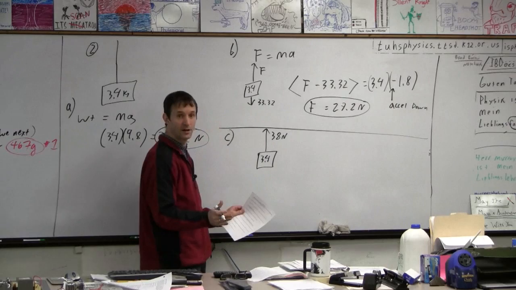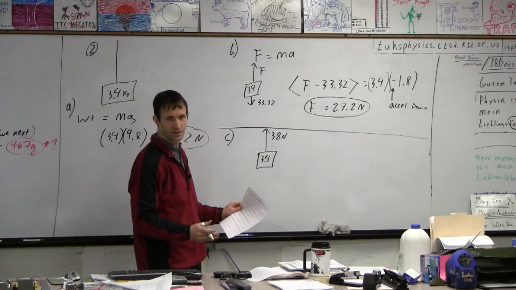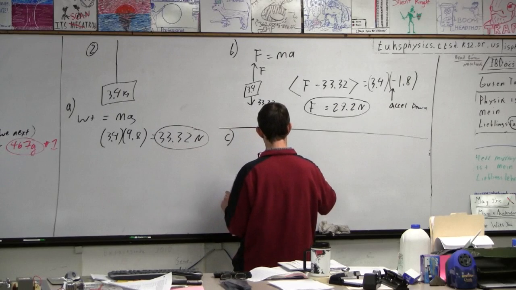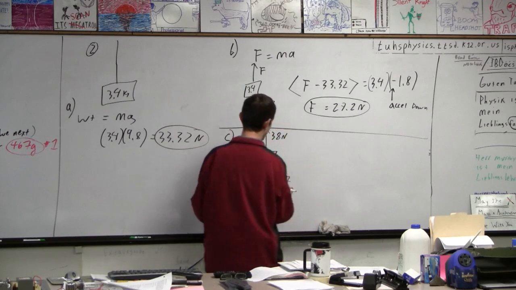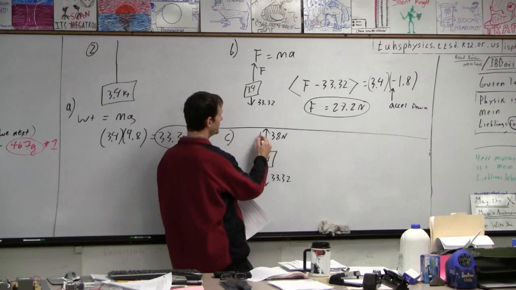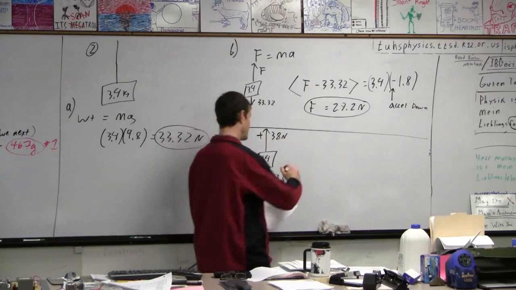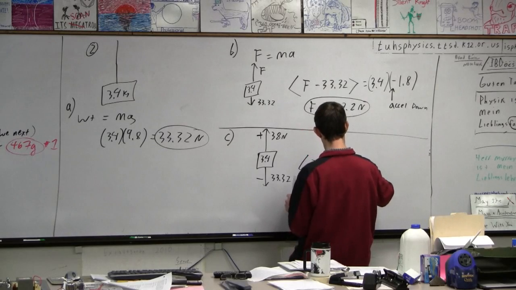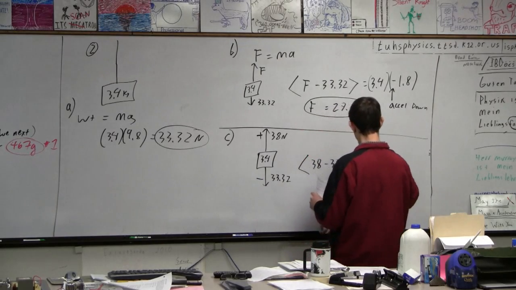Is that the only force acting on it? No. What's the other force? The other one's negative 33. Yeah, there you go, right? The 33.32 is slightly less than that, and it's acting down. This guy's going to be positive, this guy's going to be negative, and then we can set up our little equation.